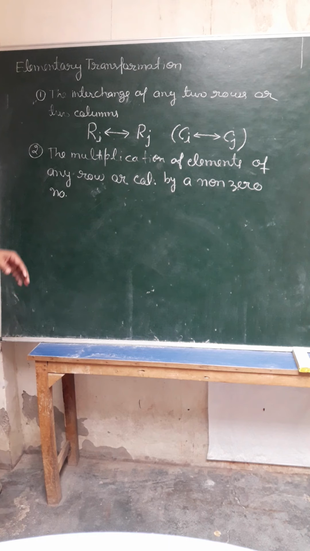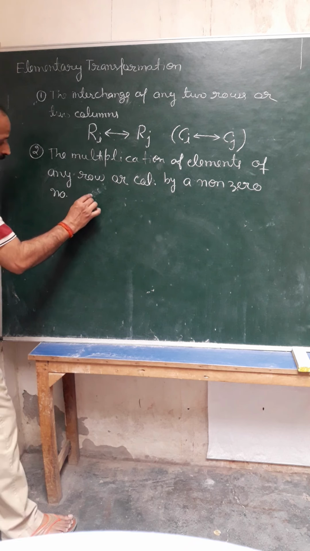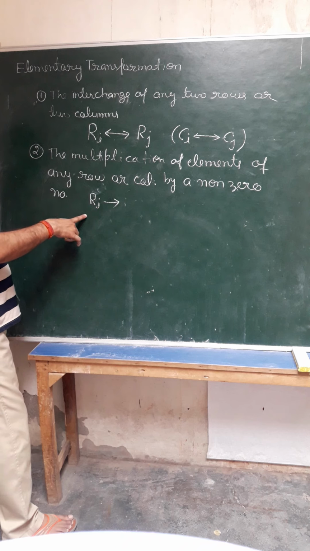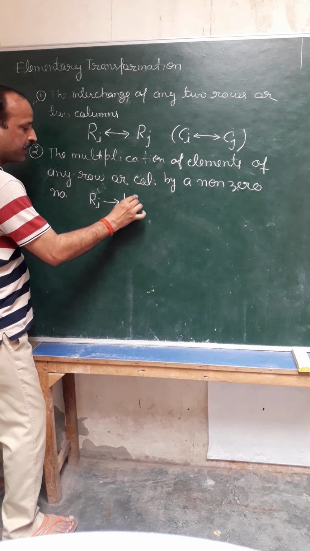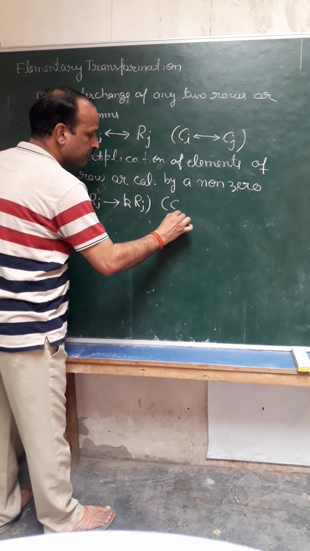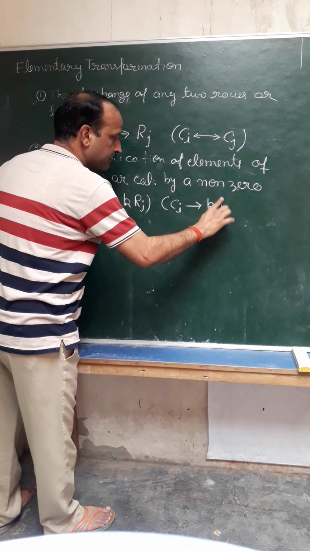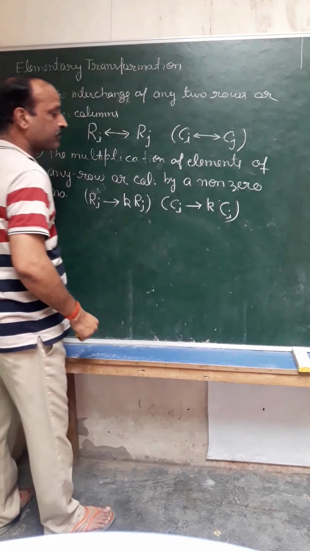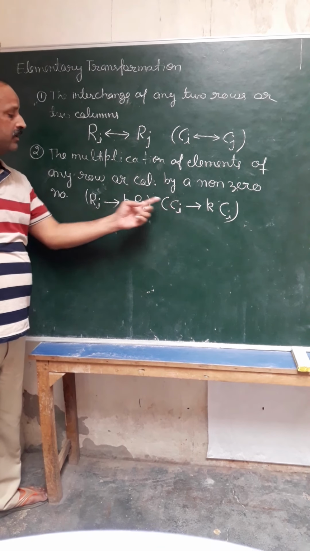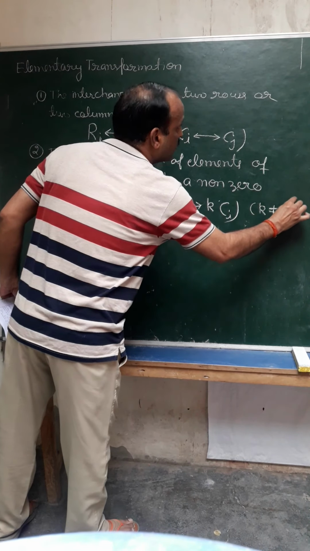When we apply it to the elements of the first row, second row, third row and so on, we write Ri, the ith row: every element of the ith row multiplied by k. And for a column we write the ith column multiplied by k. Multiplied means every element of that row or column will be multiplied by k. K should not be equal to 0.